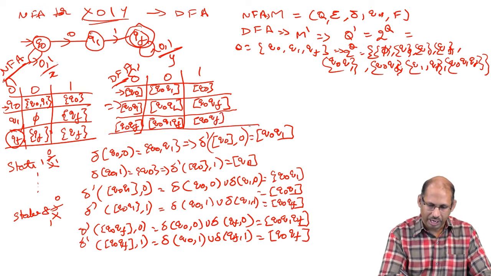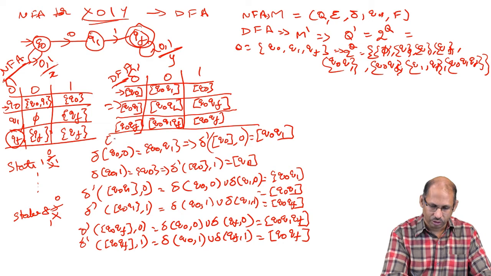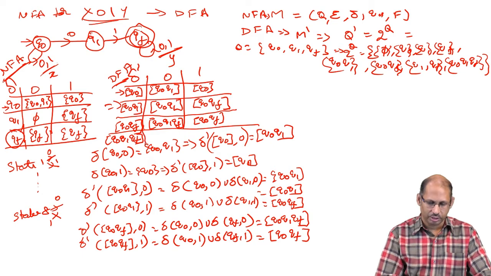Now, add this new state Q naught, Q1, QF. Right?